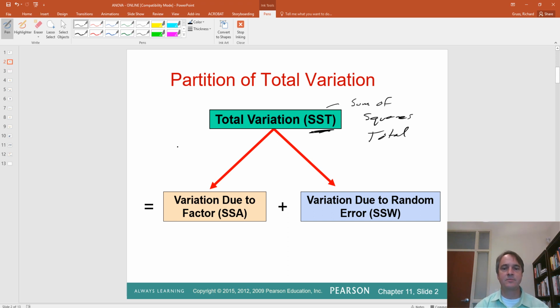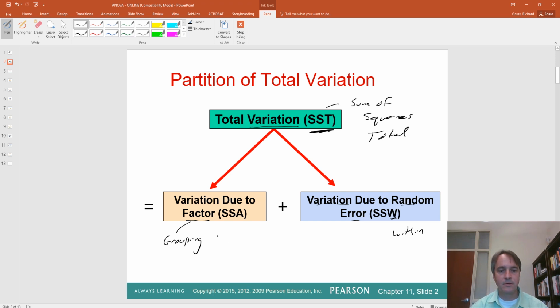Why sum of squares? We'll get to that in a second, but basically we've got the variation across all of those different times, and we're going to see how much of this is variation due to random error. This is going to be SSW, sum of squares within, where W stands for within. Then how much is due to the factor? What we mean by factor is the actual grouping.